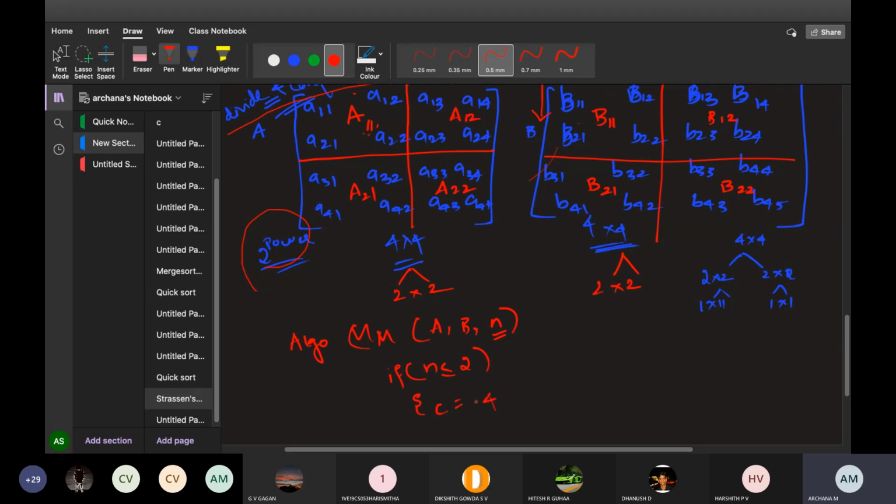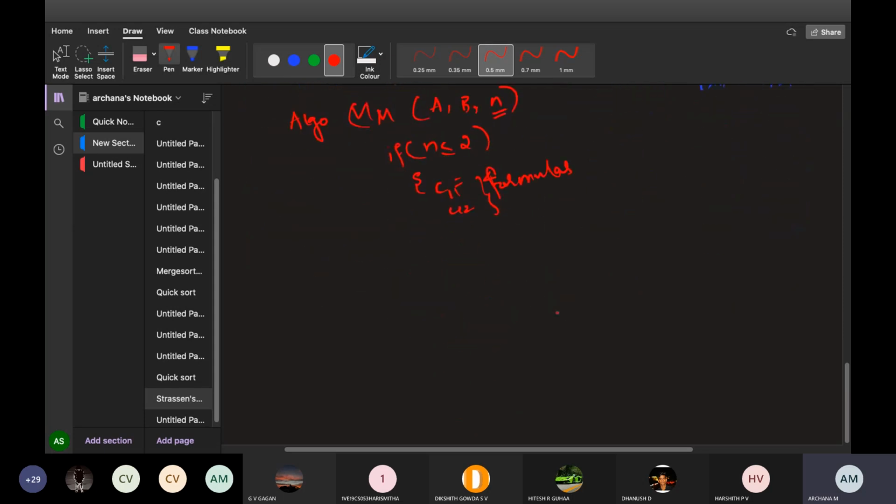You can just write 4 formulas, that is C11, C12, C21, C22. The 4 formulas are enough here. If it is very big, like 4 cross 4, 8 cross 8, this is just a simple algorithm I'm writing. It is not there in your syllabus, just for your extra knowledge, that's all.